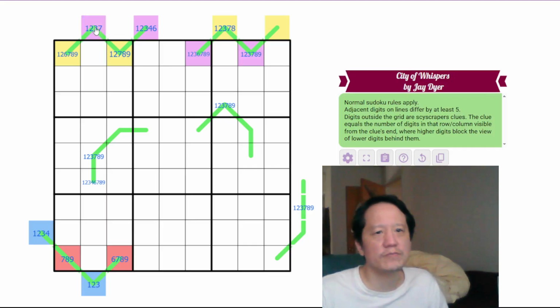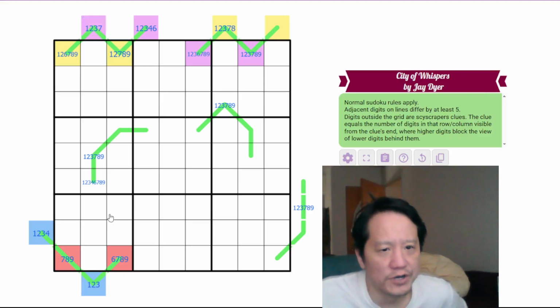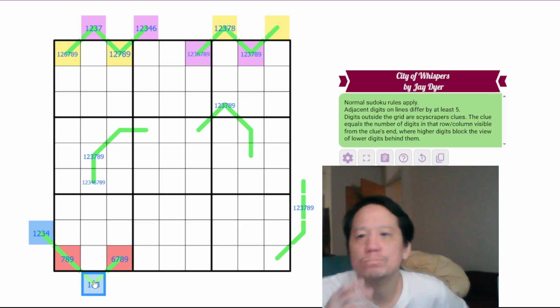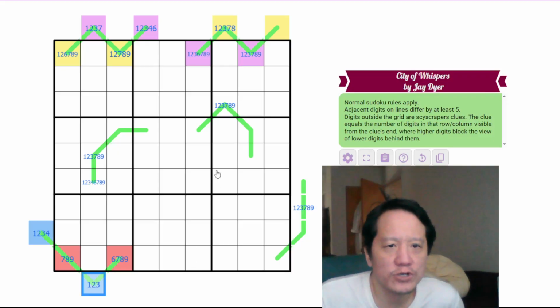Can this be low? Obviously, you can't have 1 and 1. So that's obviously not going to work. What other ways can work here?